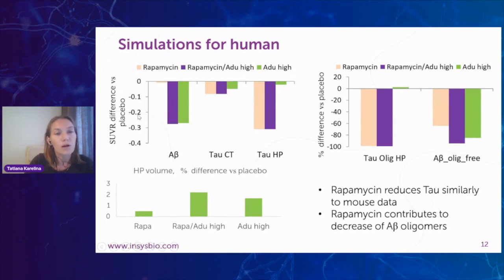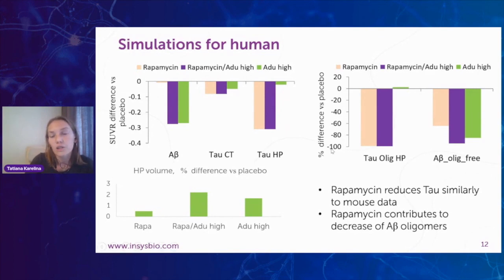Results for PET-SUVR for A-beta and tau demonstrate here that indeed rapamycin demonstrates already some efficacy for decrease of tau deposition, and this efficacy is much higher than for aducanumab. And a combination of aducanumab with rapamycin would allow even better reduction for tau, for example, in cortex.